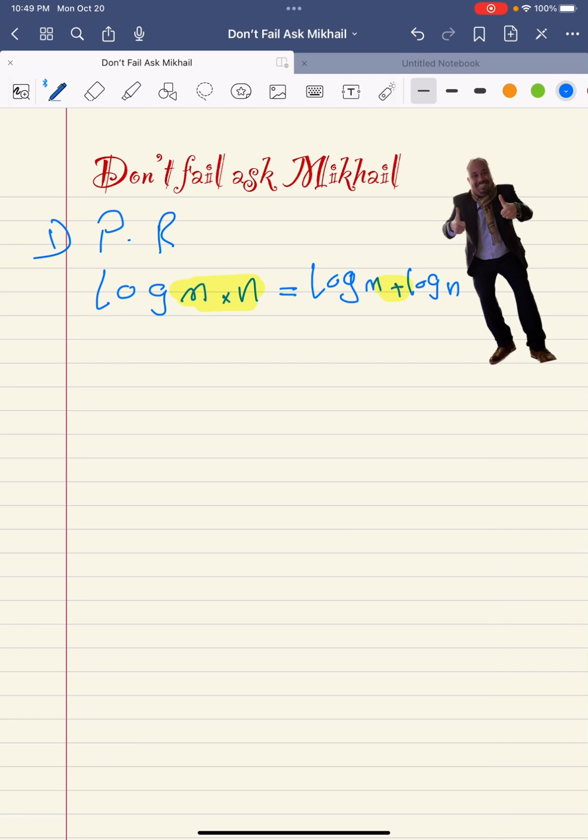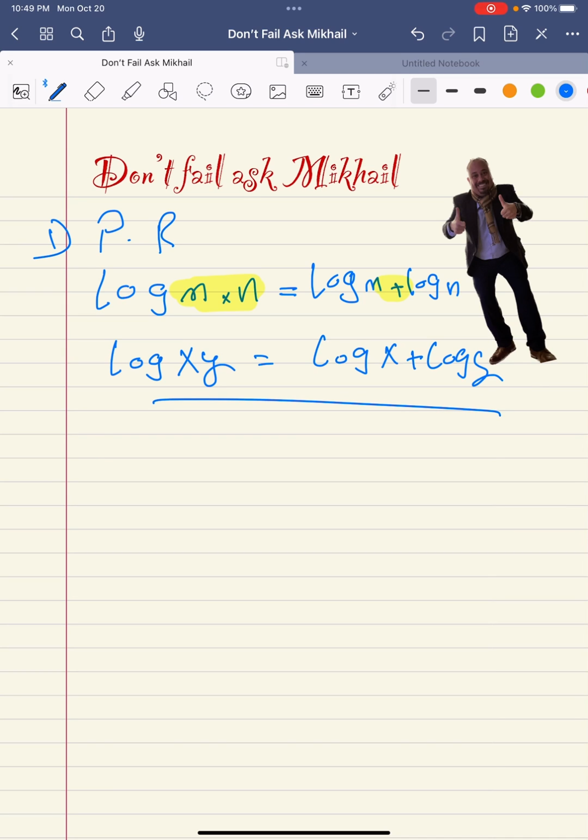Like log xy equals log x plus log y. Or what if I have log 3x? That's multiplication, 3 times x. That will equal log 3 plus log x. Log the first plus log the second. That is rule number one.